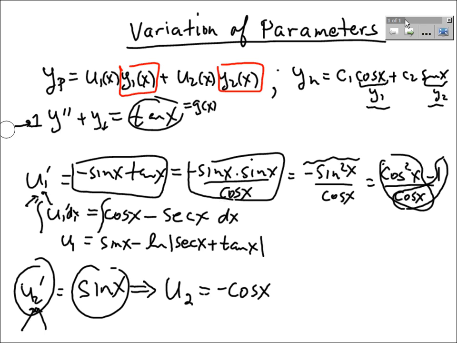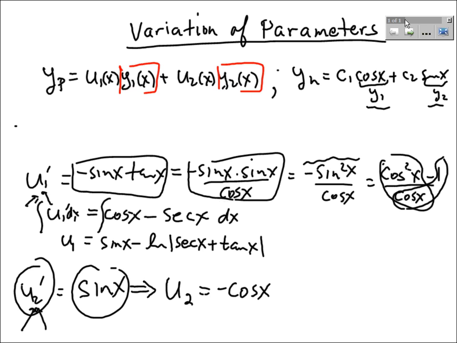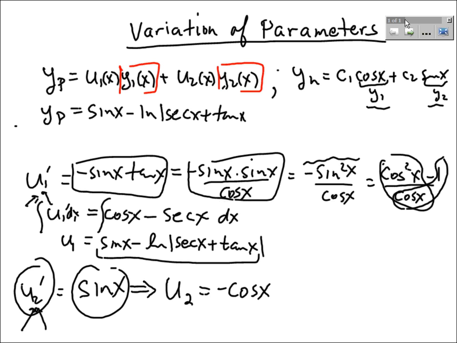And right up here, I'm going to write down y sub p. y sub p is equal to u1, which is this mess, sine of x, minus the natural log of secant x plus tangent x, times y1, which is cosine x.